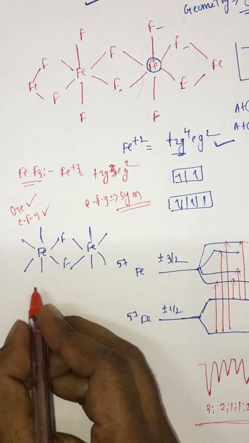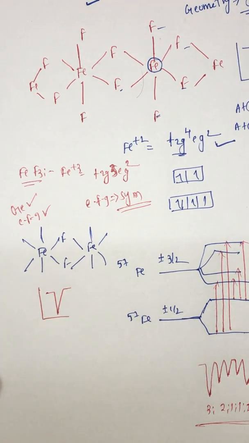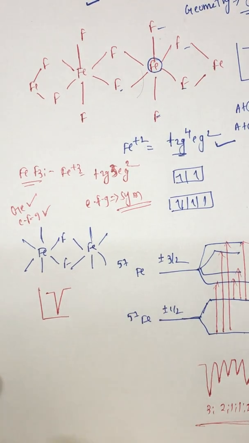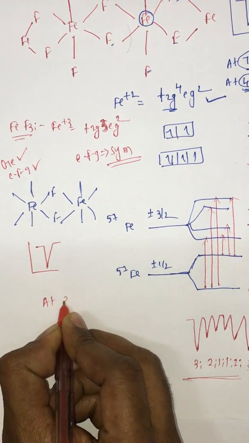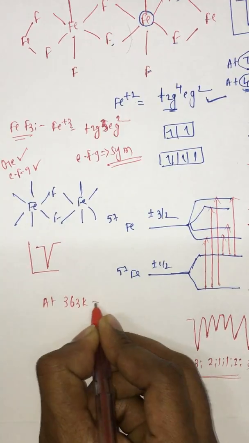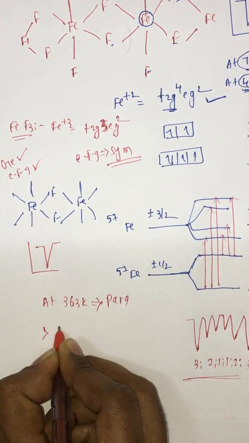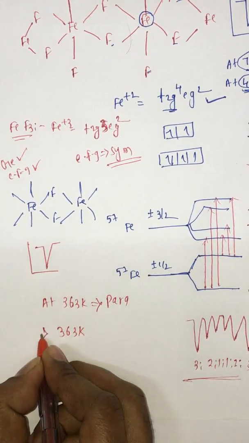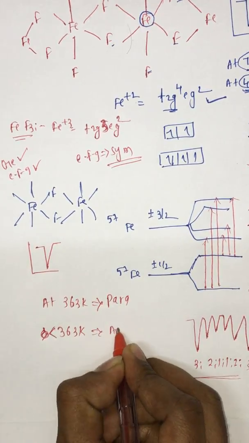So now we will get one signal, one peak in Mossbauer for FeF3, and this is also temperature dependent. At 363 Kelvin it exists as paramagnetic. At less than 363 Kelvin it exists as antiferromagnetic.